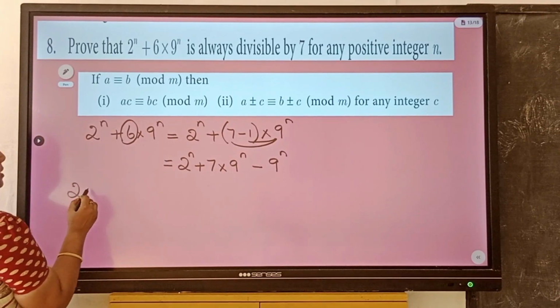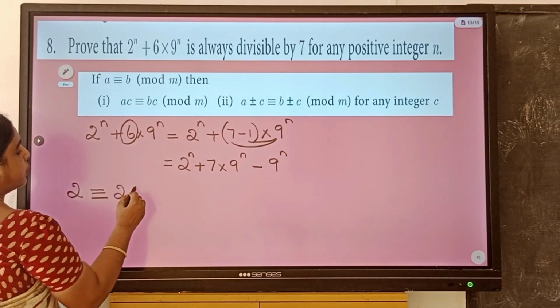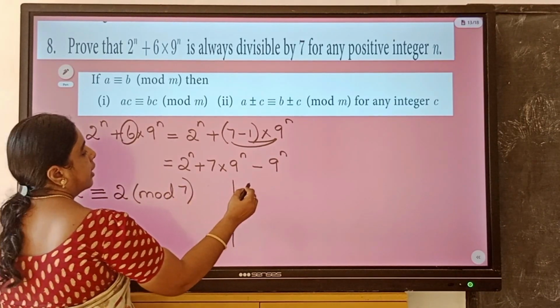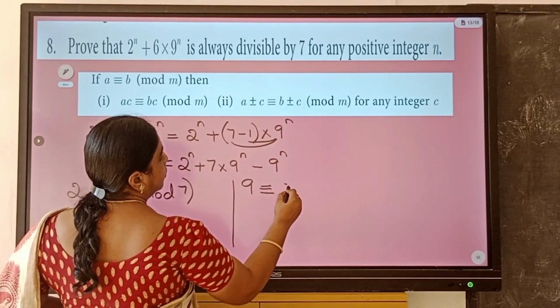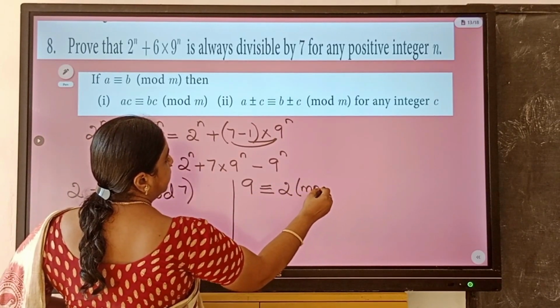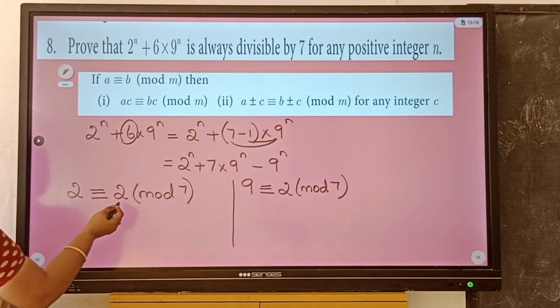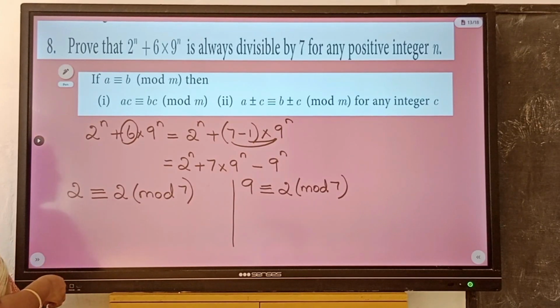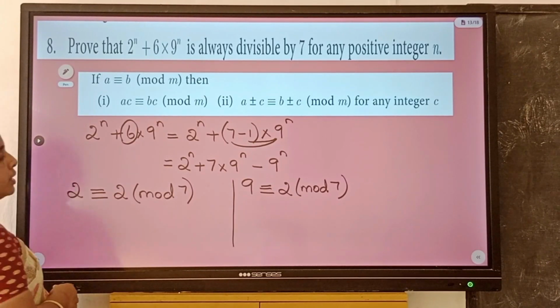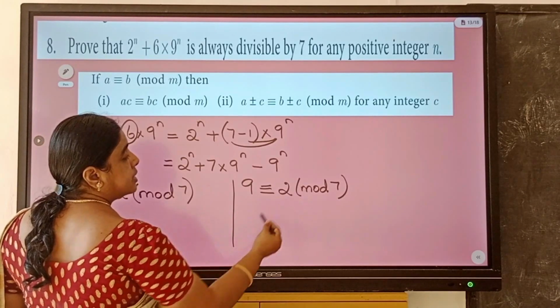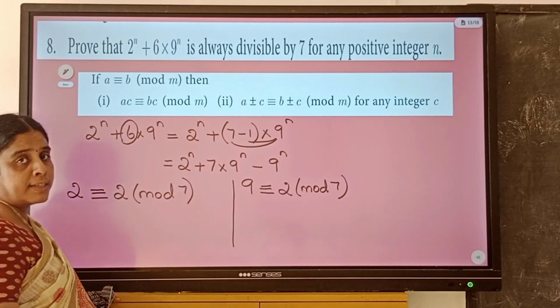Now I write two statements. 2 is congruent to 2 mod 7, and in the same way 9 is congruent to 2 mod 7, which means that 2 minus 2, when you move this 2 to the other side, it becomes 0, and it is also a multiple of 7. 7 zeros are 0. The same way here 9 minus 2 is 7, and that is also a multiple of 7. 7 ones are 7.